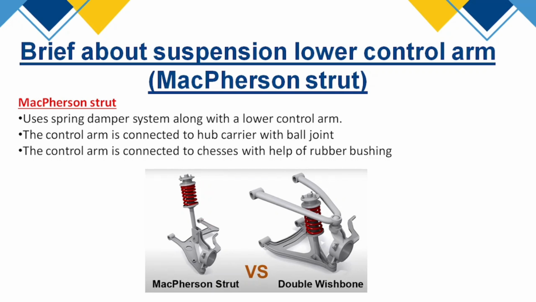This lower control arm has a ball joint at this location, with the help of which it is connected to the tire, and with the bushing joints at these locations, it's connected to the chassis. Here is the similar double wishbone type of suspension system, which is a more advanced version of McPherson Strut.